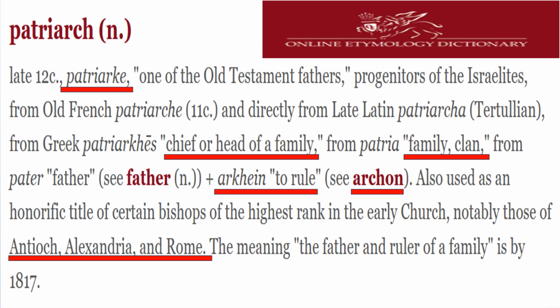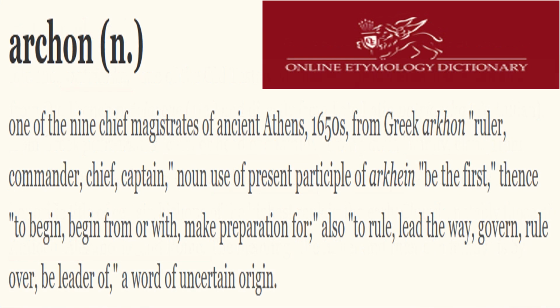When you look at the breakdown of patriarch, you're essentially looking at someone who is the chief or the head of a family or a clan, also related to archon. You might want to look a little bit deeper at this construct of archon, but we're just going to look at this etymology here.